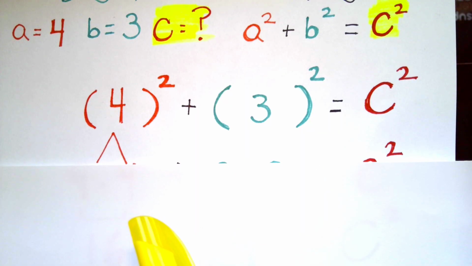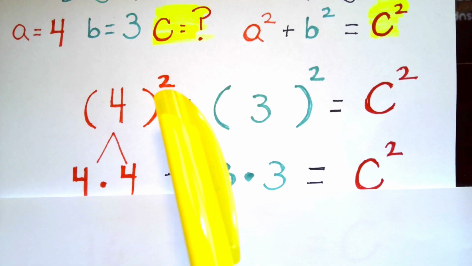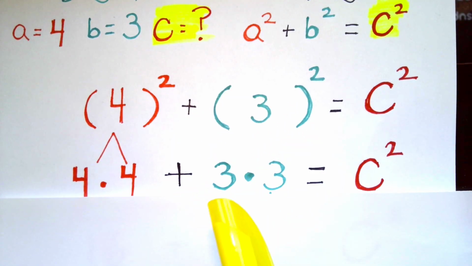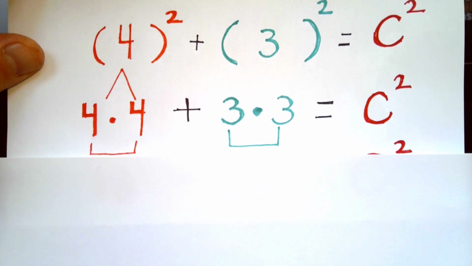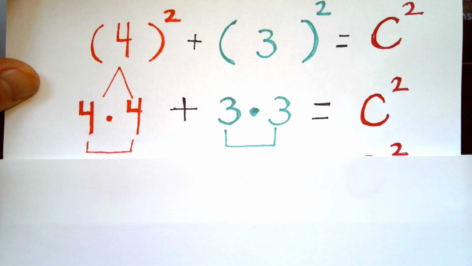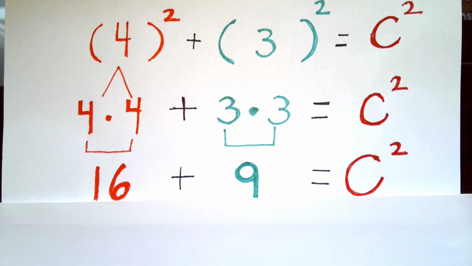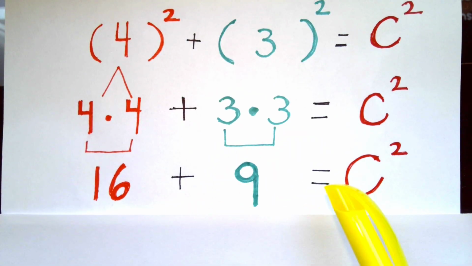Let's follow PEMDAS, right? And I want you to understand 4 squared means 4 times 4. Plus 3 squared is 3 times 3. We're going to go through this very slowly. A little bit at a time, I know 4 times 4 is 16. Plus 3 times 3 is 9.